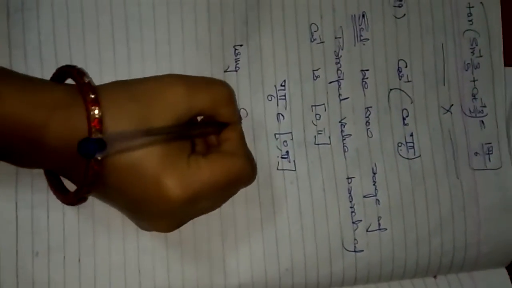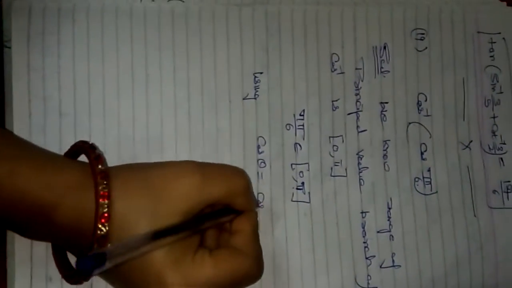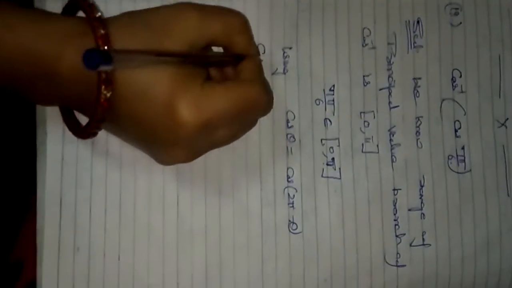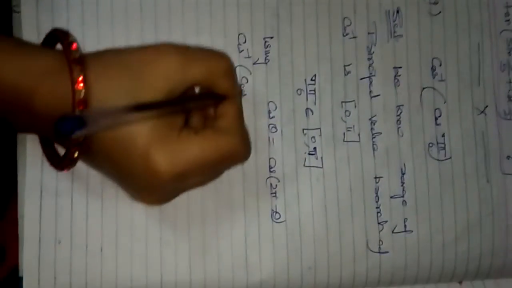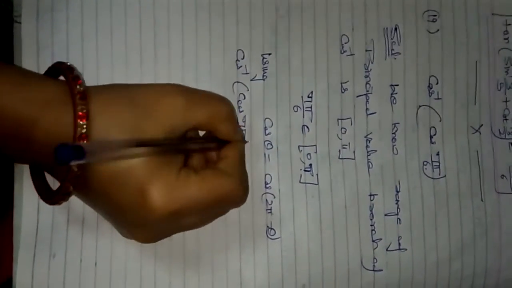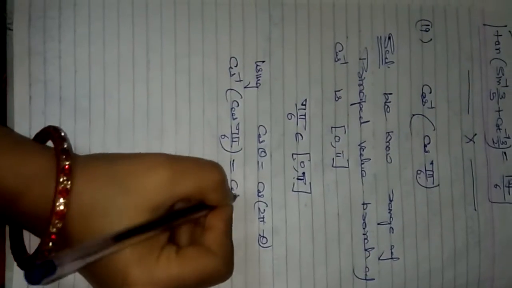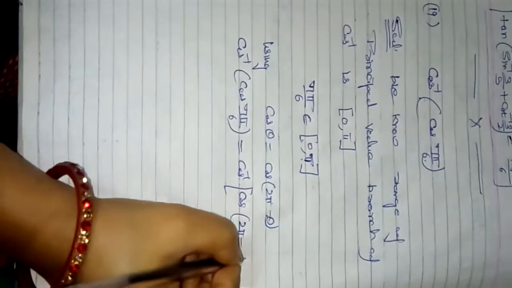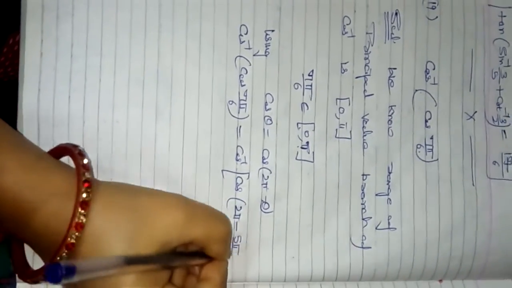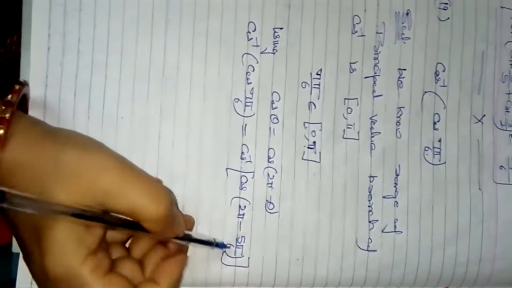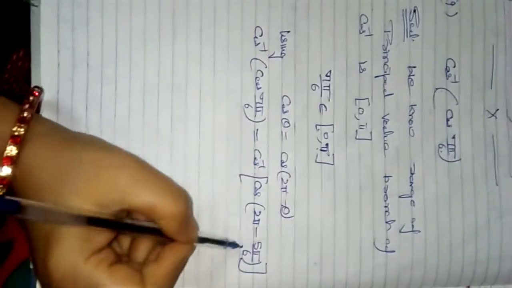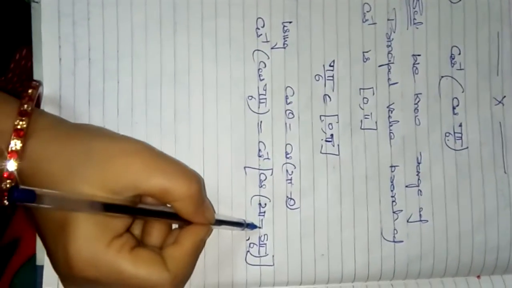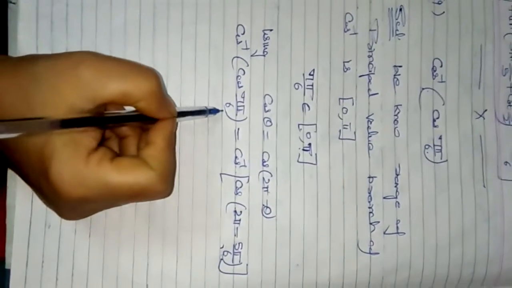So using the formula, first of all, cos theta equal to cos of 2 pi minus theta. So here the expression is cos inverse cos 7/6. So we can write cos inverse cos of 2 pi minus 5/6, because when you take the LCM, it will come 12 pi minus 5 pi, that is 7/6.